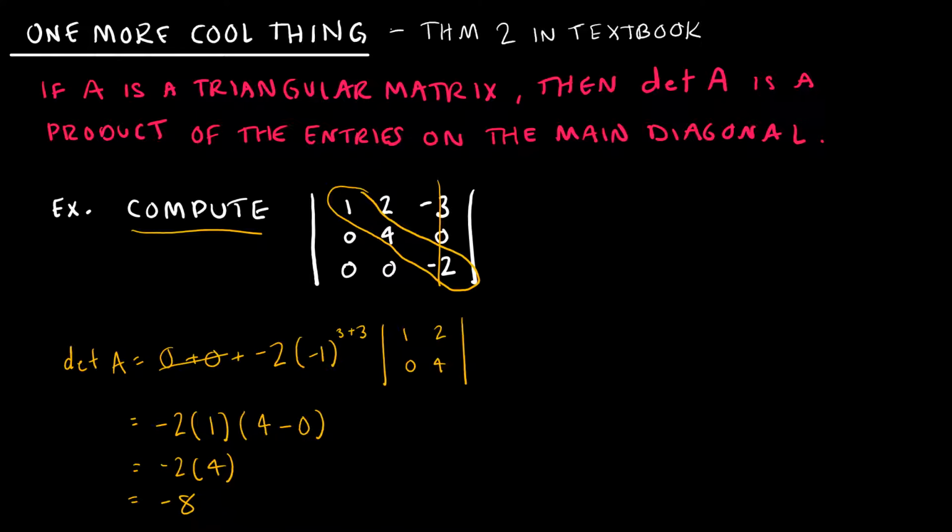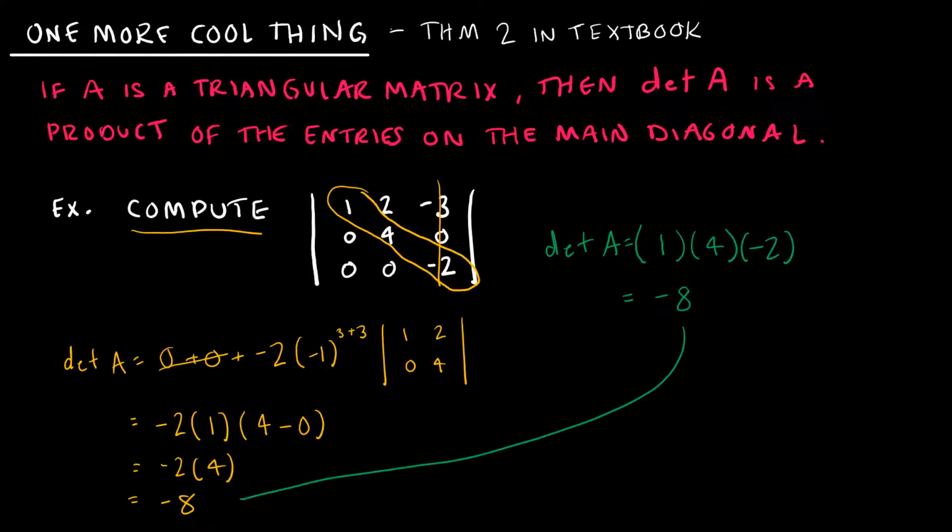This theorem says if A is a triangular matrix, then the determinant of A is the product of the entries on the main diagonal. So what they're saying is I can find the determinant of A by taking 1 times 4 times negative 2.